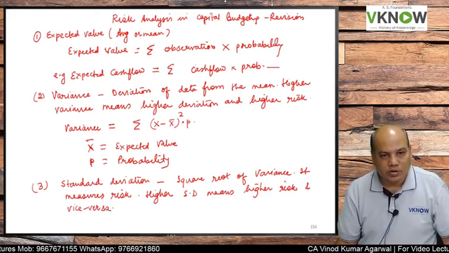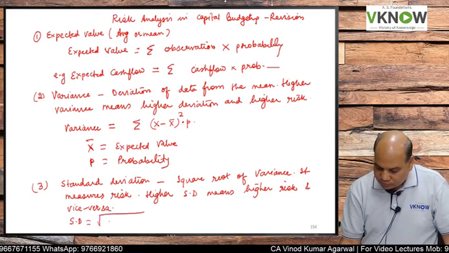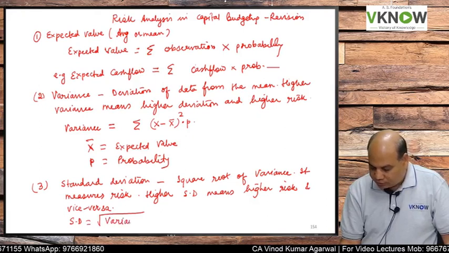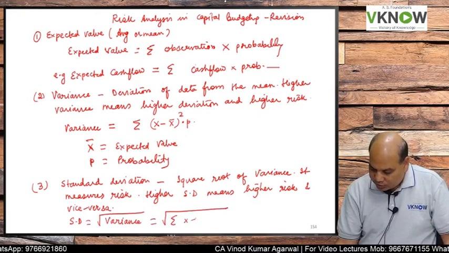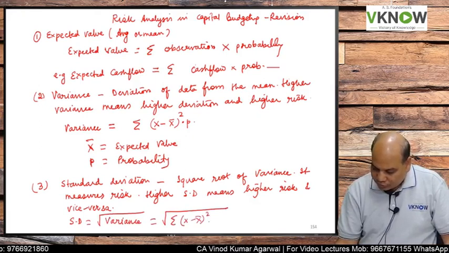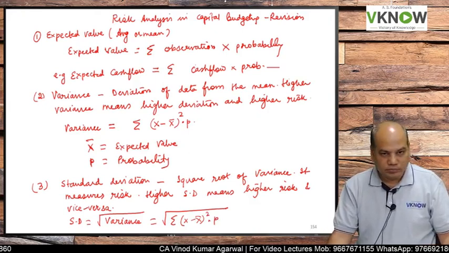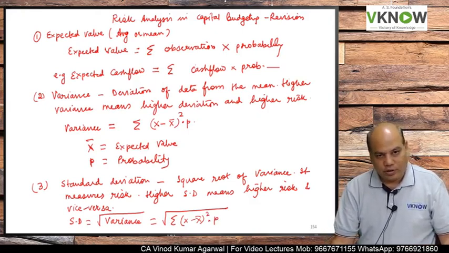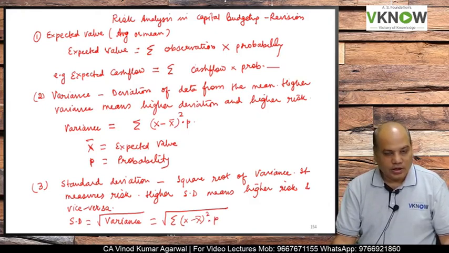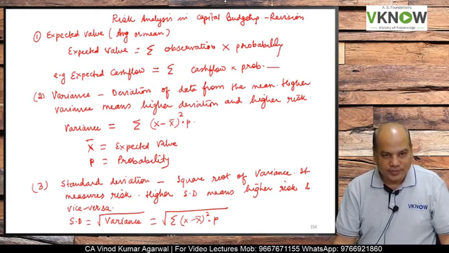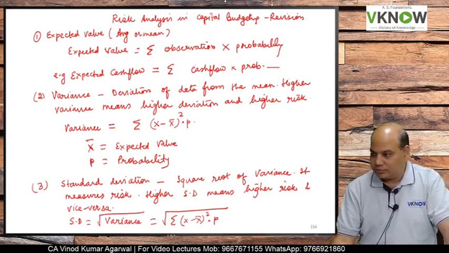So standard deviation is equal to the square root of variance, or directly the square root of the summation of x minus x bar square into probability. Is it right? So these are called statistical techniques, the statistical tools for evaluation of risk.